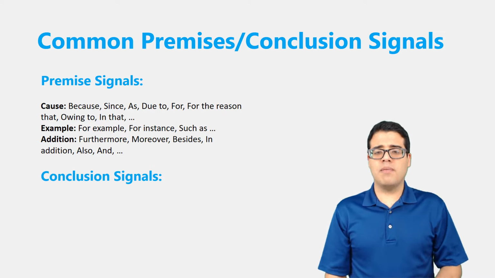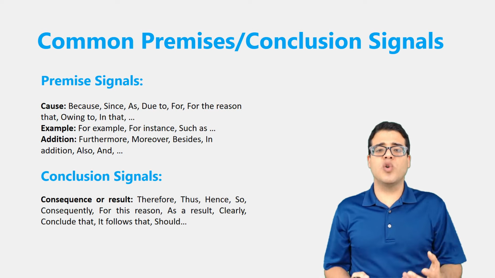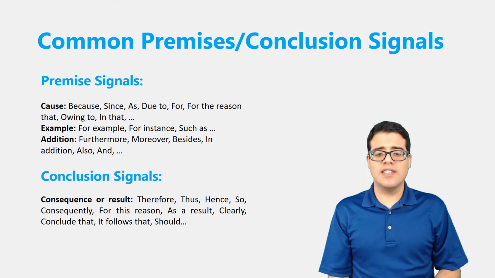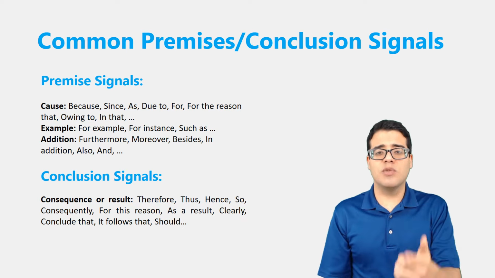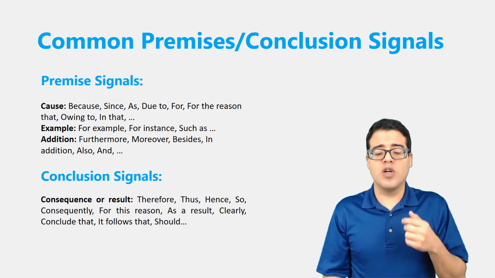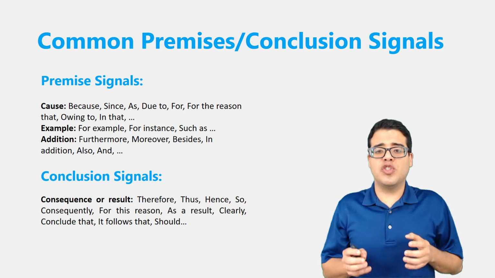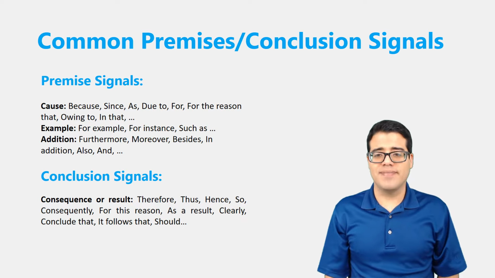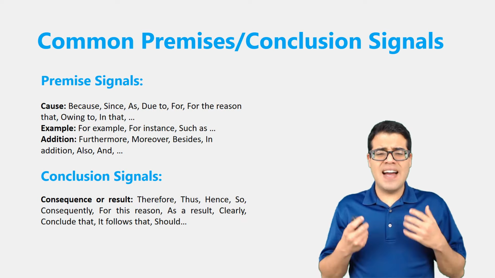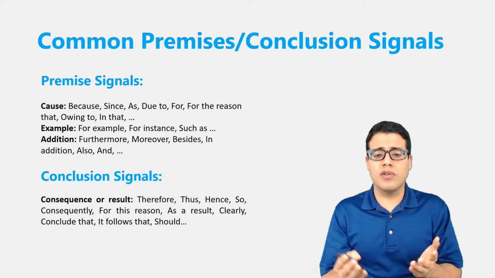Well, most of the time they're very easy to see, but you will see certain consequence or result keywords such as therefore, thus, hence, so, consequently, for this reason, as a result, clearly, conclude that, it follows that, or the auxiliary should. That's a very strong opinion word. And identifying the premise and the conclusion is usually the most important step in an argument.